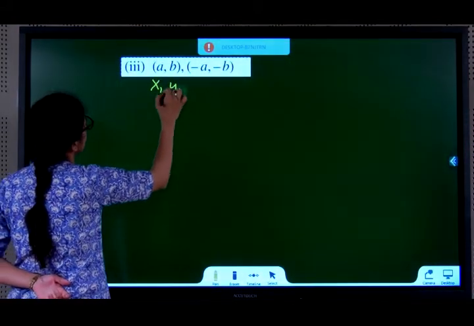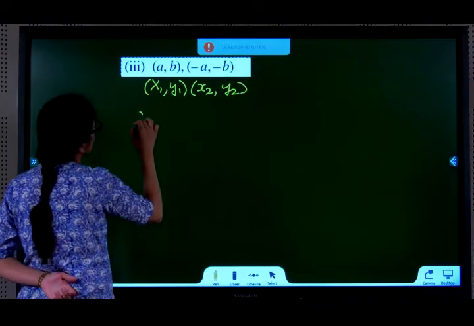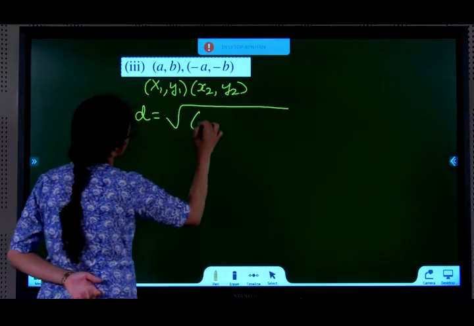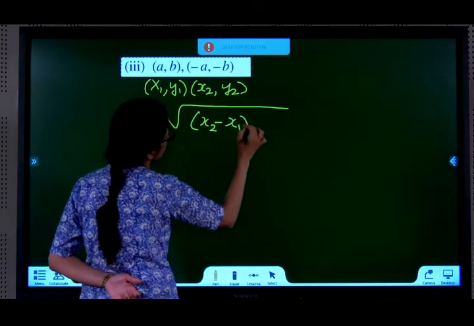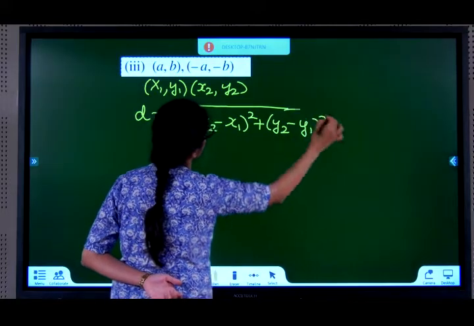This is x1, y1, x2, y2. Distance formula is given as root of (x2 minus x1) the whole square plus (y2 minus y1) the whole square.